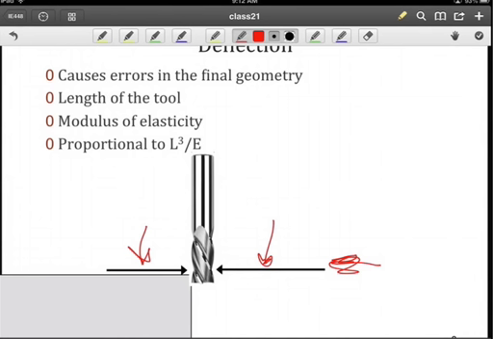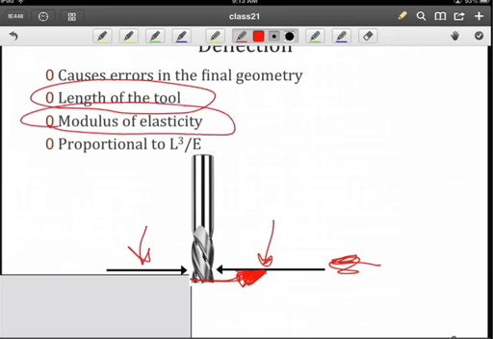What's going to happen here is the classic cantilever beam deflection problem, because as you can see here, we're going to have a moment, and that moment is going to try to deflect the tip of this tool, which, if you recall from moments, will be dependent upon the length of the tool.